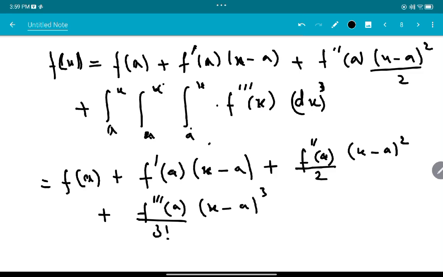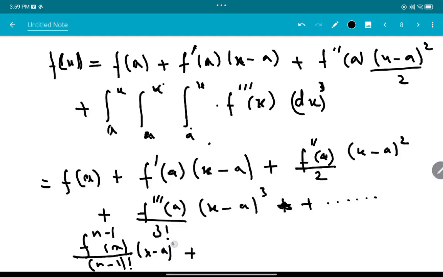Now finally, the final term. Before the final term I will have f n minus 1, that is the n minus 1th derivative of the function evaluated at a, divided by n minus 1 factorial, then x minus a whole raised to n minus 1.